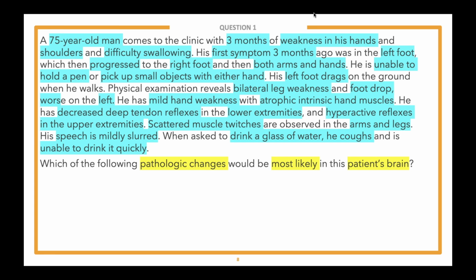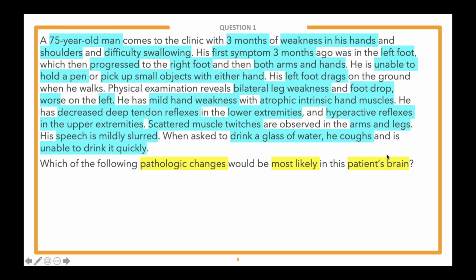So then when we get to that lead-in question, it's asking us a pathologic change we would see in the patient's brain, okay? So how many steps is this question? Well, one, I think we need to figure out what's going on in this patient, what's the condition, what's the diagnosis, and then two, what is the mechanism or pathology behind that condition or disease?